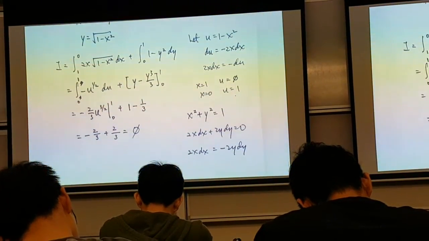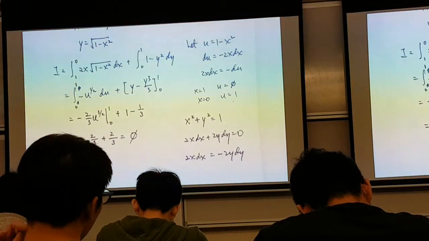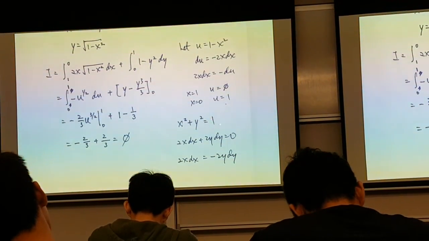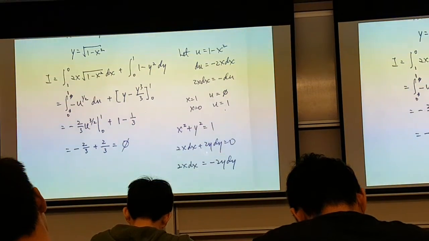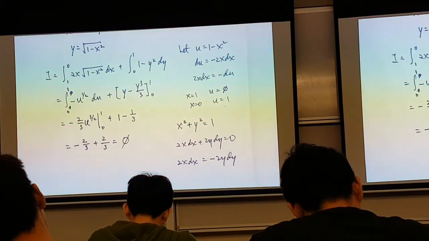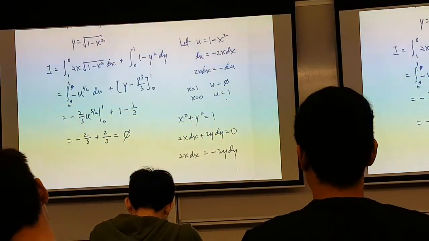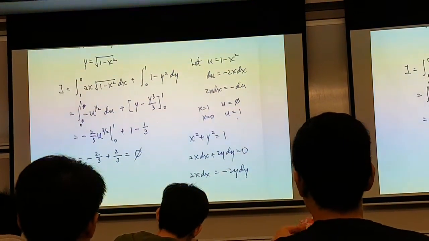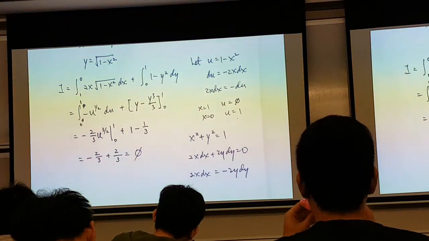In this case, the contour is a semicircle, x squared plus y squared is equal to 1. So from x squared plus y squared equal to 1, if you find the differential relationship, you have 2x dx plus 2y dy equal to 0. As a result, 2x dx is going to be equal to minus 2y dy.